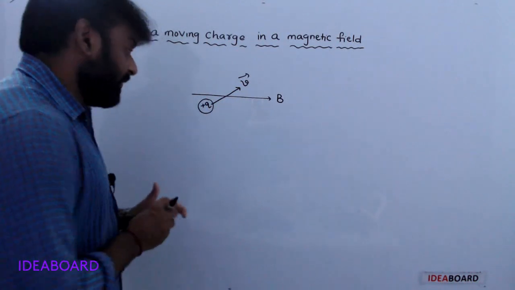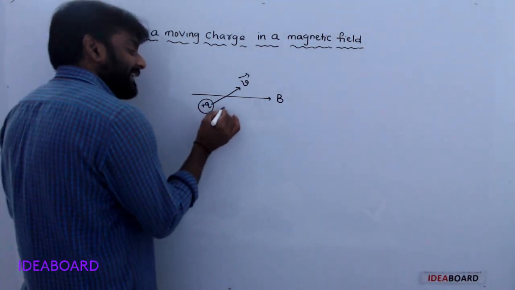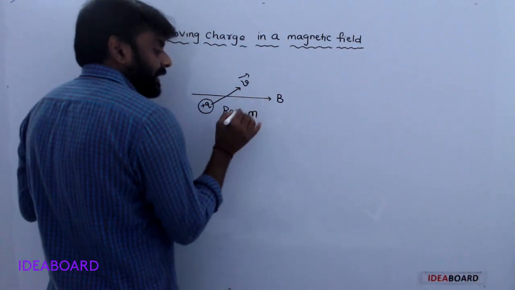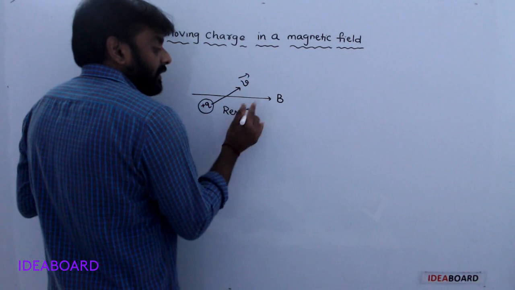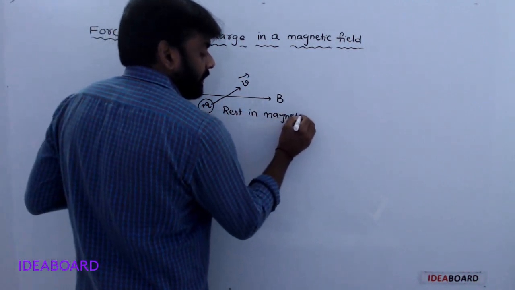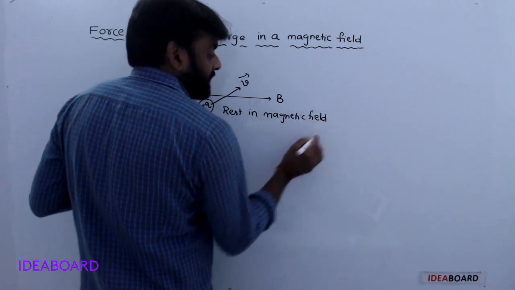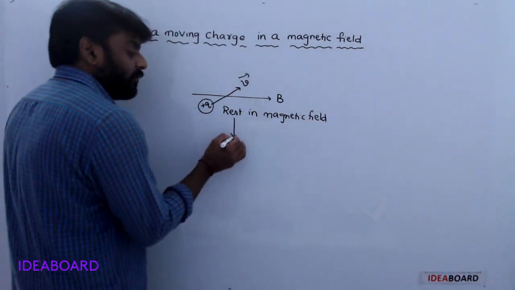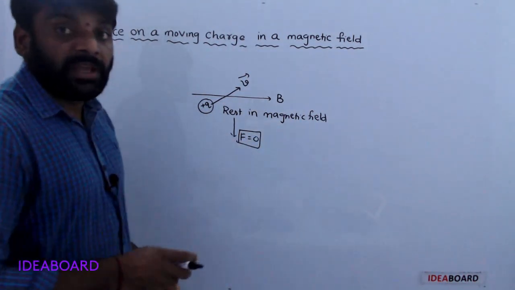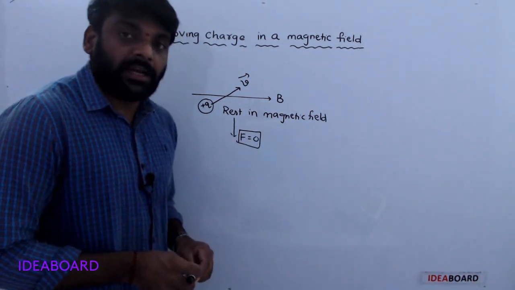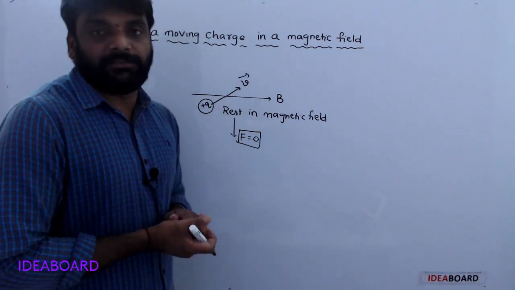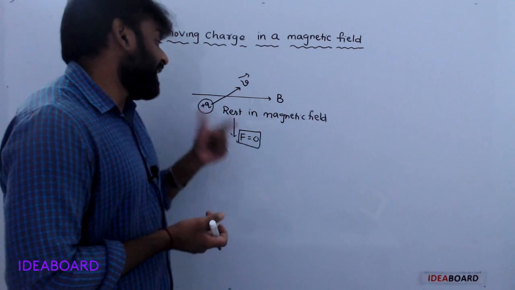If the charged particle is at rest in a magnetic field, it does not experience any force. Understood? If a charged particle moves in a magnetic field, it experiences a force.